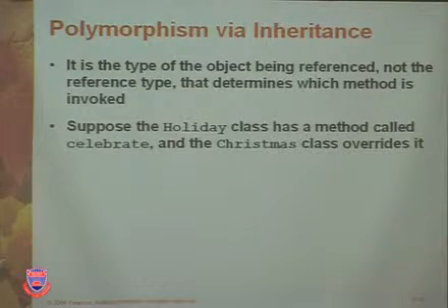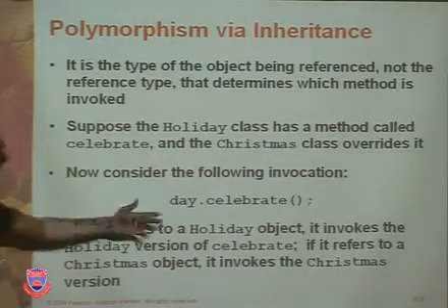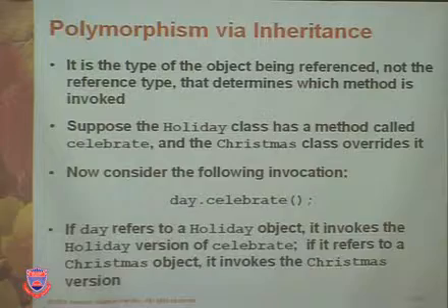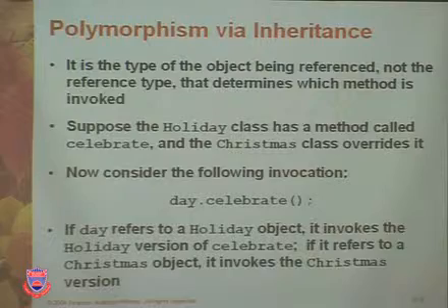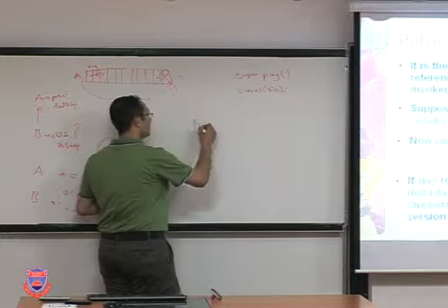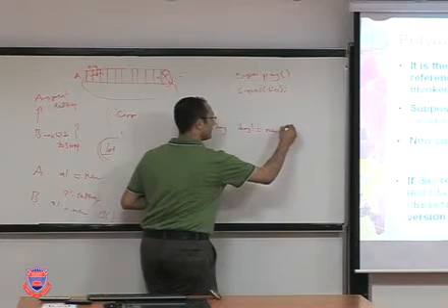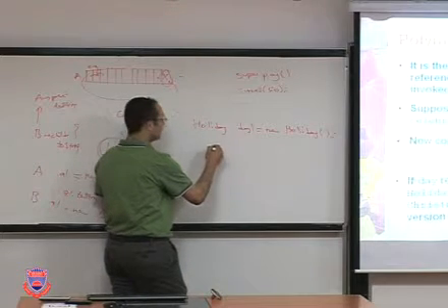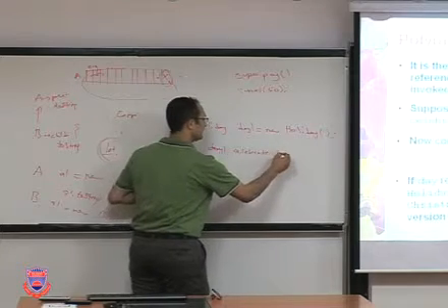So we saw that this is polymorphism, and the day.celebrate call will change meaning as you run your code. For example, let's say I have a declaration Holiday day1 = new Holiday, and I call day1.celebrate.